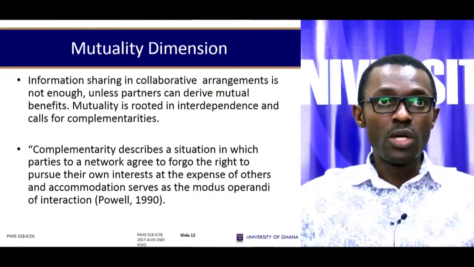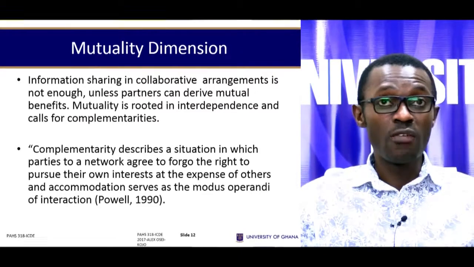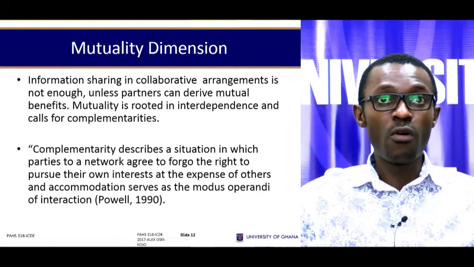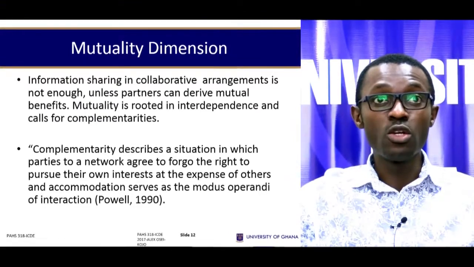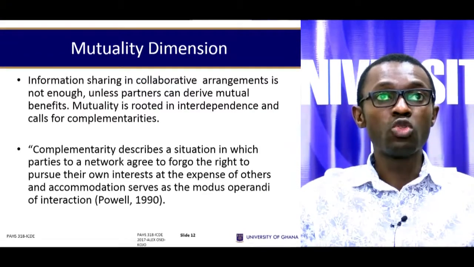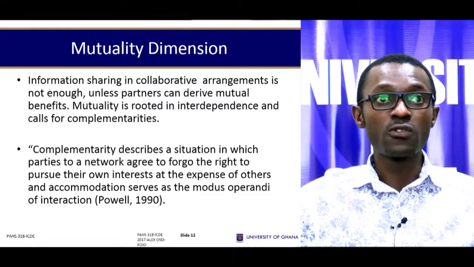The mutuality dimension. Information sharing in collaborative arrangement is not enough unless partners can derive mutual benefits. Therefore, if partners come together and they do not see the benefits, they are likely to leave. Mutuality is rooted in interdependence and calls for complementarities.